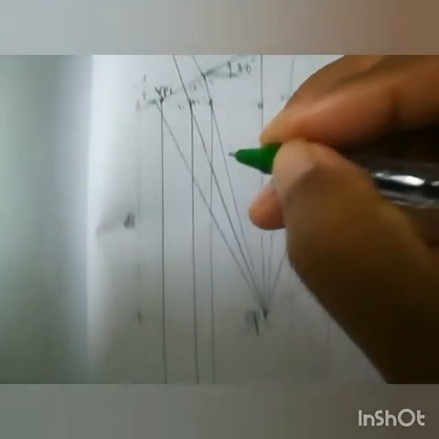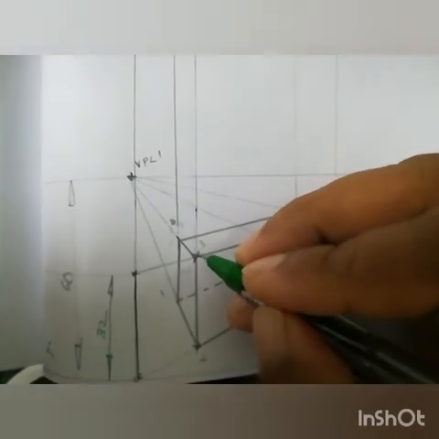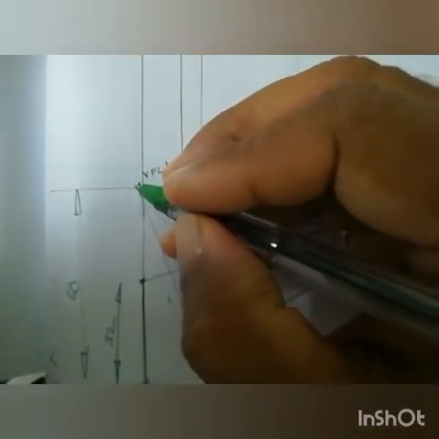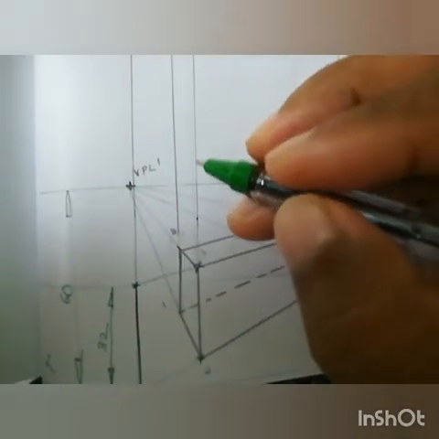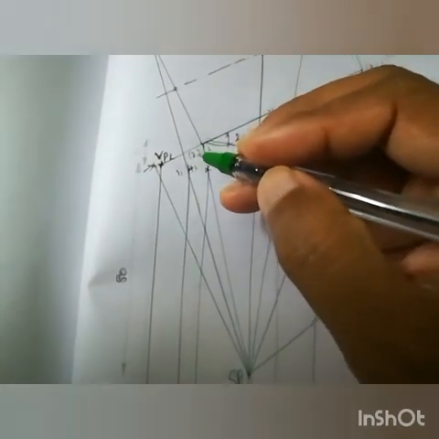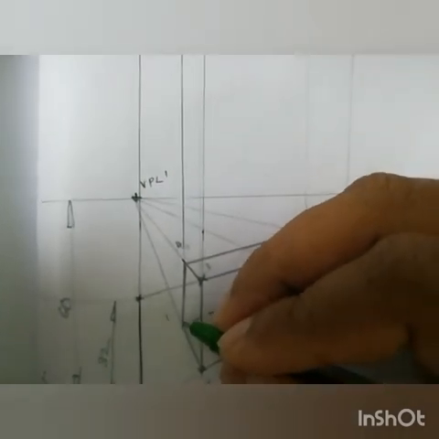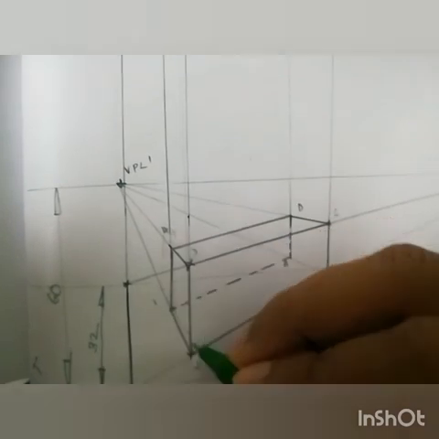From that point you draw downward, and from this 3 you have to draw a line to VPL dash. From 2 you have to draw a line to VPL dash. On that line will lie 1 and 4. So from 1 and 4 you have drawn downward. So the bottom point is 1, top point is 4. So now you join.